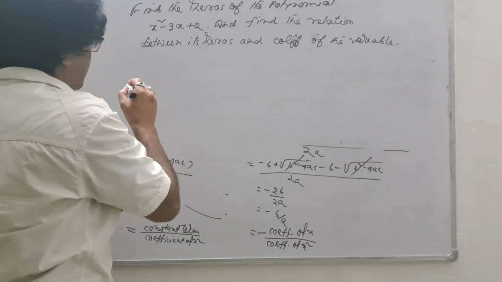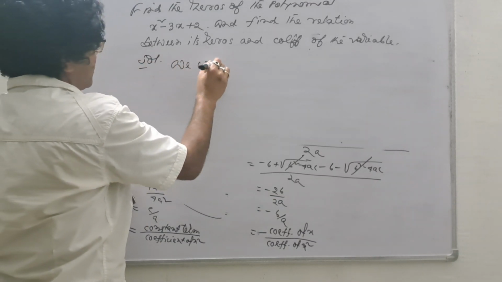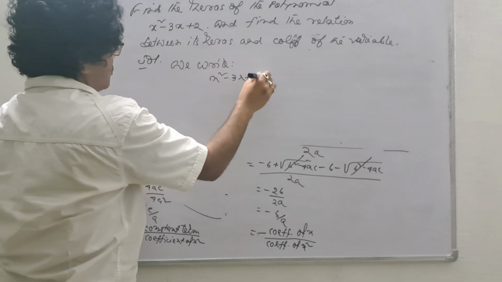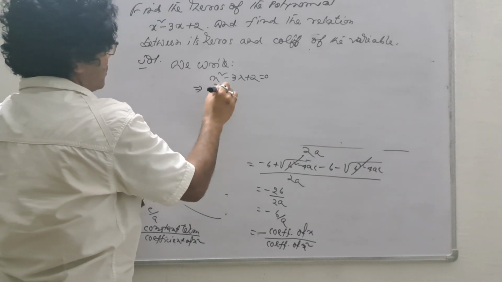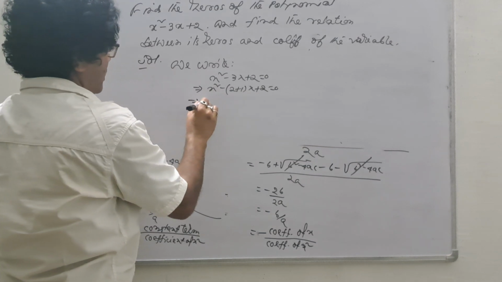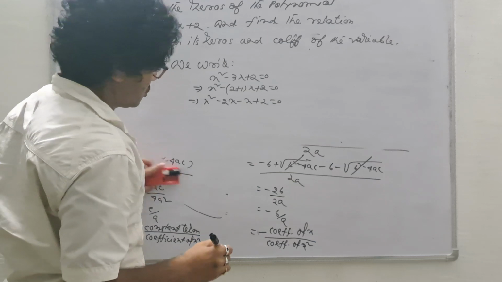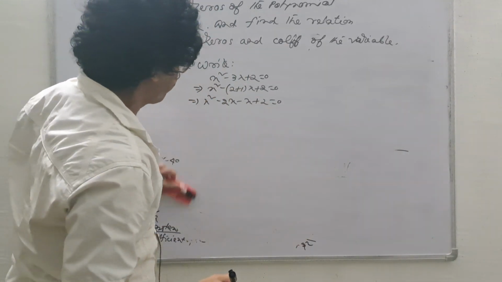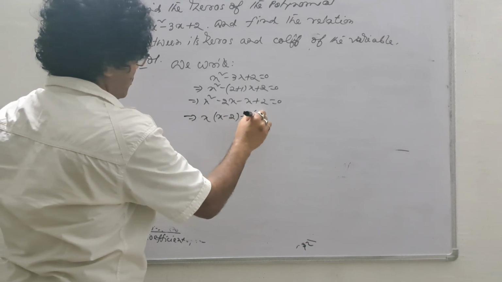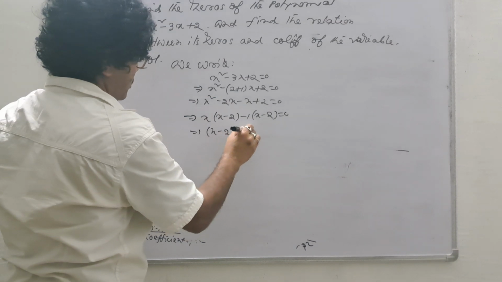So you see, solution: to find zeros, what do we write? We write x squared minus 3x plus 2 is equal to 0 and solve it. x squared minus 2x minus x plus 2 is equal to 0. So x you take common, minus 1 common, so what we are getting is x minus 2, x minus 1.